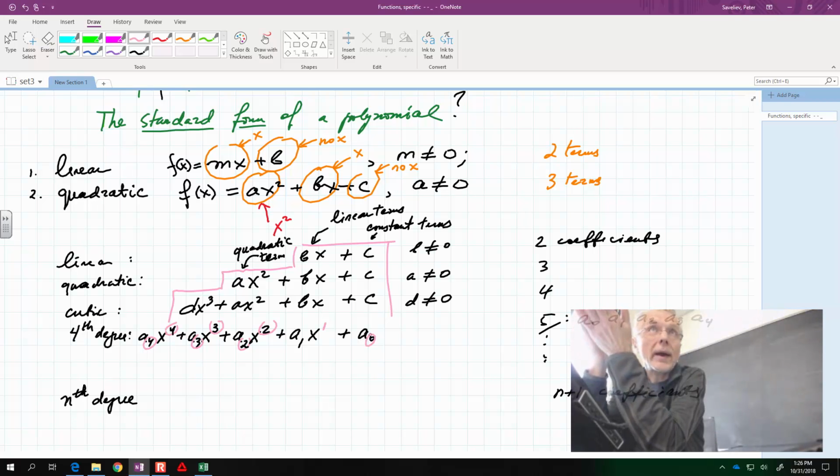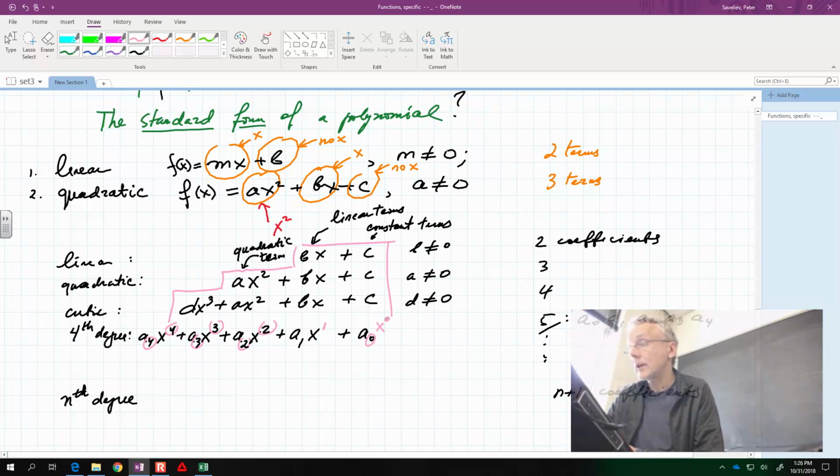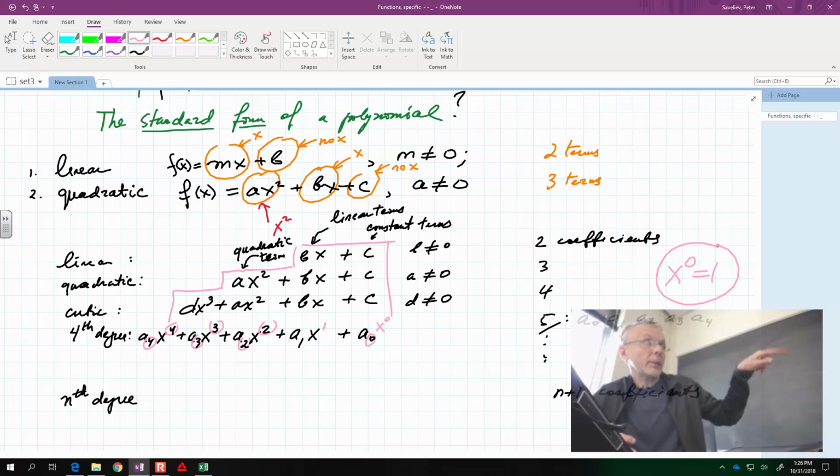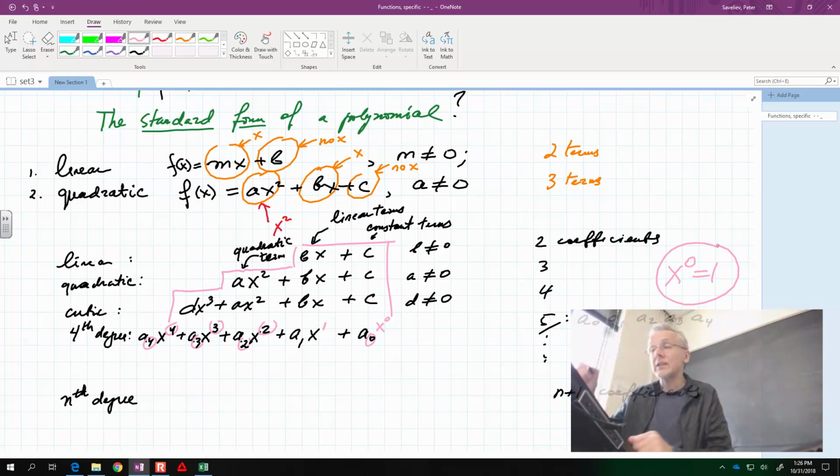There is no x. Right. x to the 0 power is 1. So that's the logic. We don't have to put it in because we know that x to the 0th power is equal to 1. So we don't put it in, but the match, the pattern, continues. So the match of the subscript and the power of x continues from left to right all the way down to 0. So A0 is matched up with x to the 0 power, which is 1. Okay. So that's the logic.